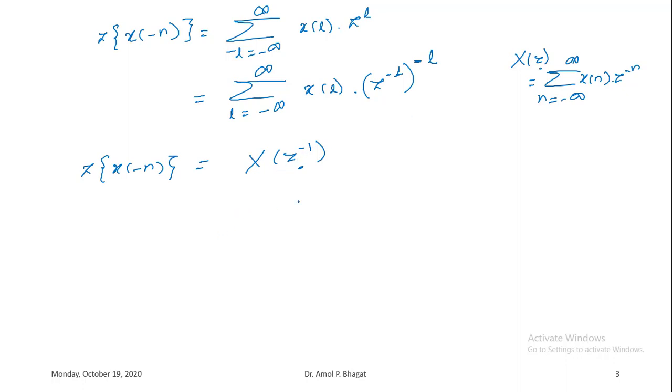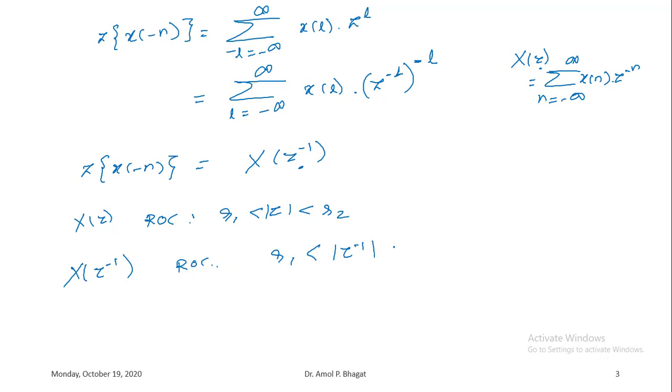Initially the ROC of X of Z was R1 less than mod Z less than R2. As here in place of Z there is Z inverse, the ROC of this X of Z inverse will be written as R1 less than mod Z inverse less than R2.